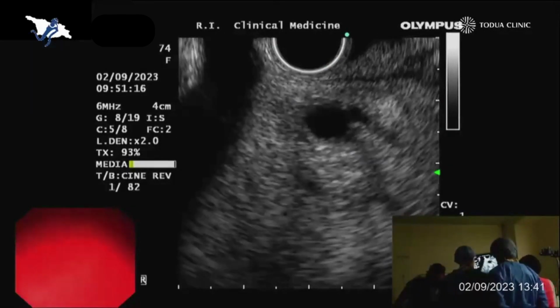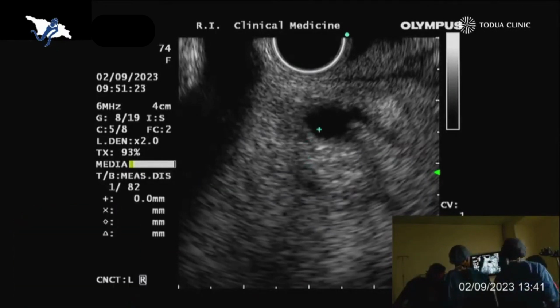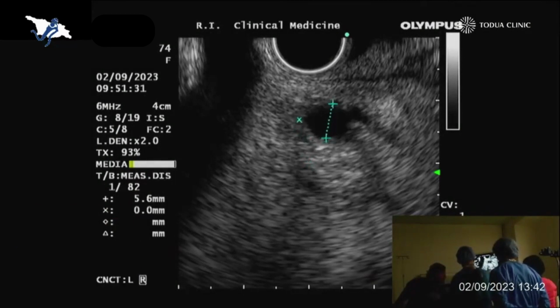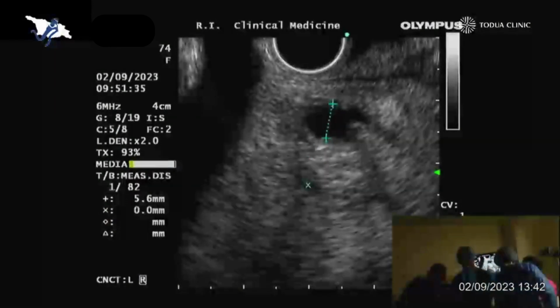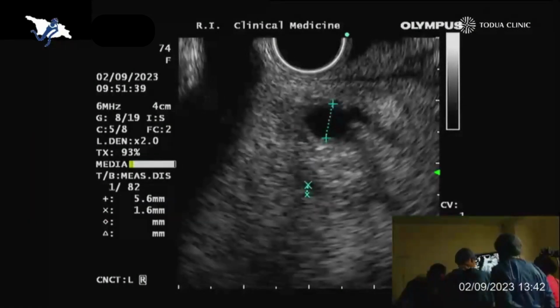And now we measure the bile duct, here to here. Okay. So the bile duct is 5.6 millimeters, so it's not dilated. And now we are measuring the pancreatic duct. A little bit. Yeah. Okay, this is 1.6. Okay.